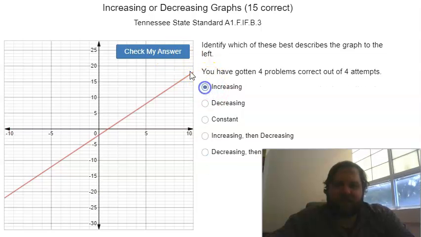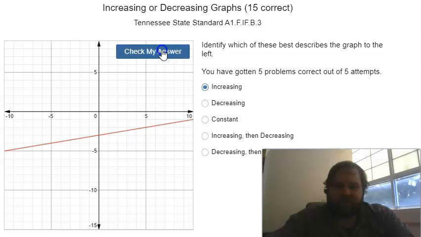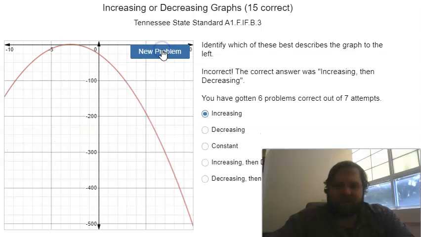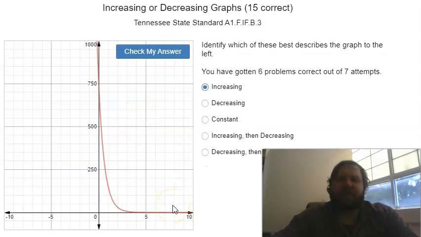Here we have another straight line, and there's a particular example I'm wanting to get to. Here we are. This is called an exponential function, and it has this characteristic hockey stick shape.